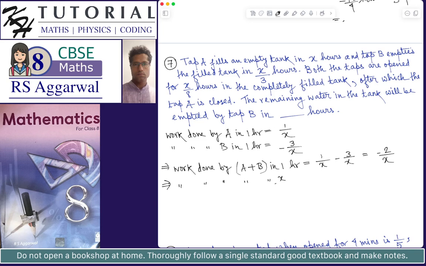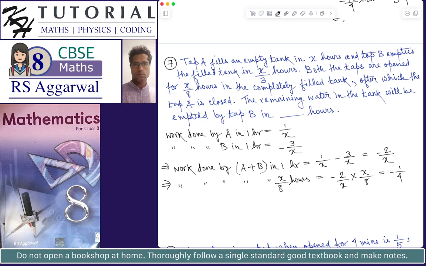In X by 8 hours, by the simple unitary method, the work done will be minus 2 by X multiplied by X by 8, which is equal to minus 1 by 4.